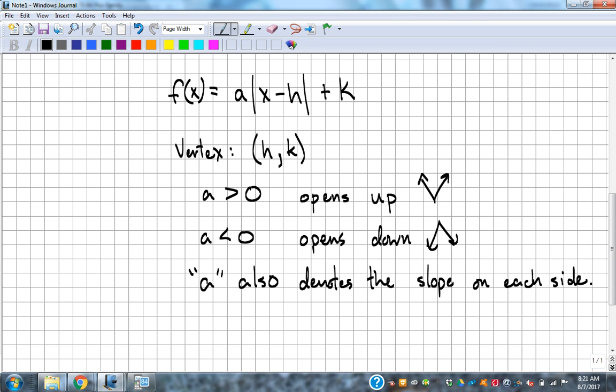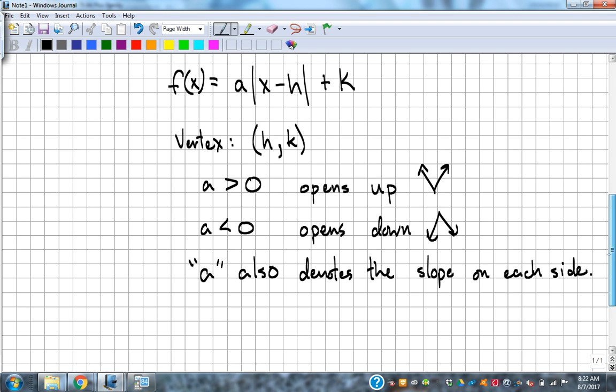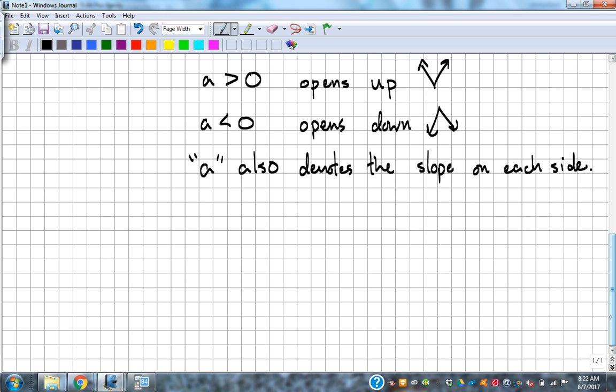So that a value is going to tell us how to count that slope, rise over run type idea. So if it's opening up, we're going to count up and over. If it's opening down, we count down and over to get the slope of that. Okay. So general form, got the vertex involved in there, got a telling you which direction it opens and all that. So that's going to help us quickly get that information and draw the graph of an absolute value function just by knowing those things, okay?